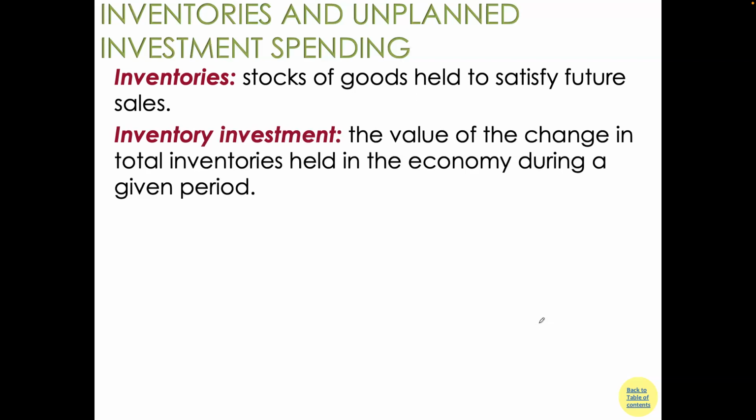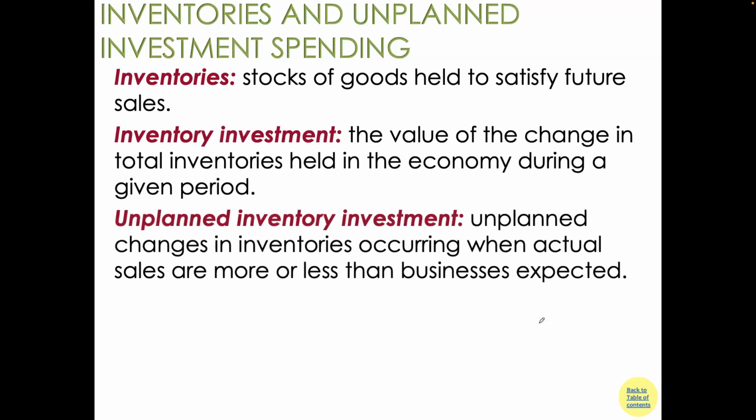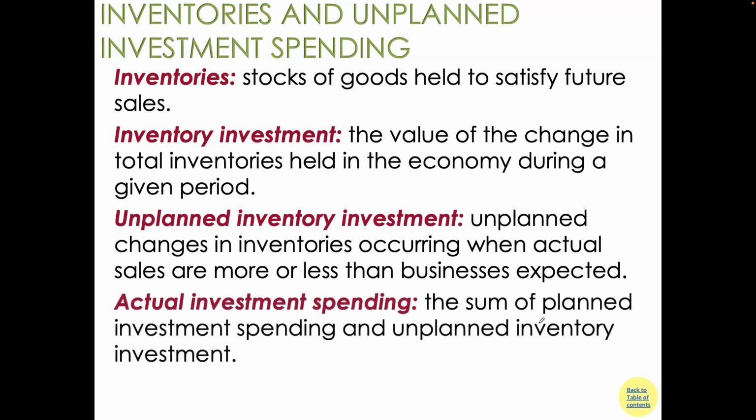And this inventory investment is going to tell us the direction of our economy. Right? So now you have unplanned inventory investment. Essentially, the unplanned change is because the demand may not go as you plan. And finally, the actual investment spending equals the planned plus unplanned.